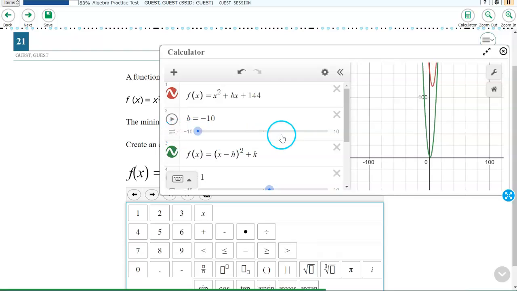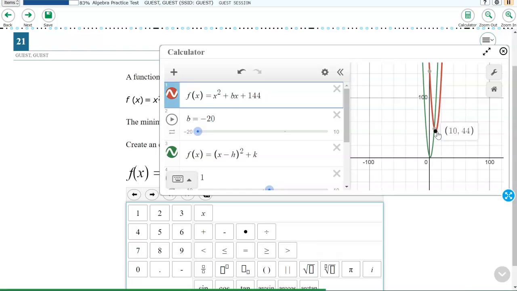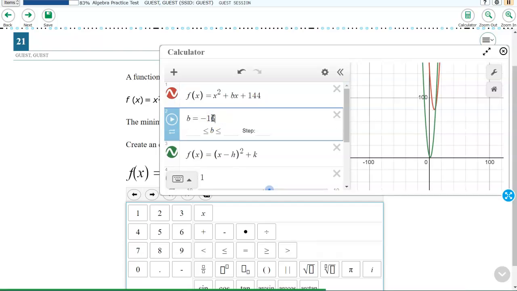Yeah. Let's move this further down because right now the y value is 119, and that's not going to be big enough. So let's do negative 20. That's at 44, so it's got to go up from there. Should be right in here. It looks like it's negative 16.